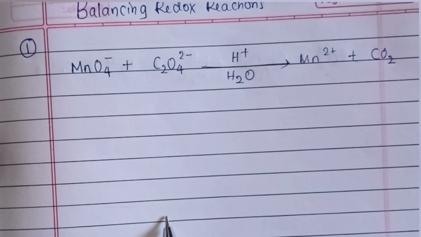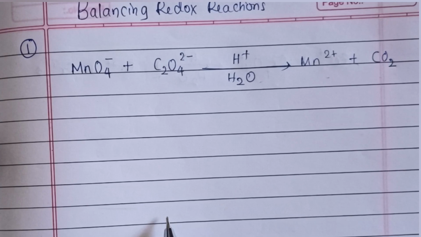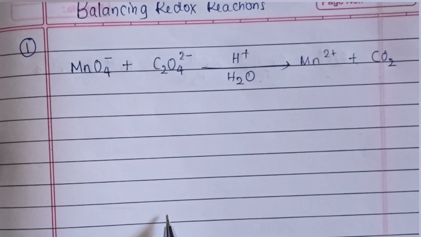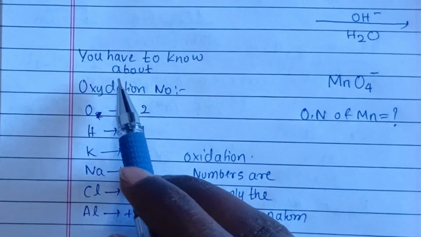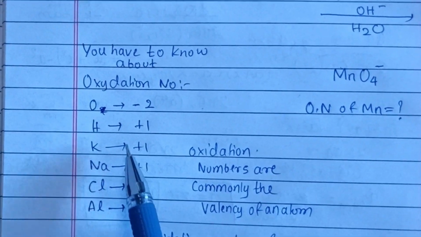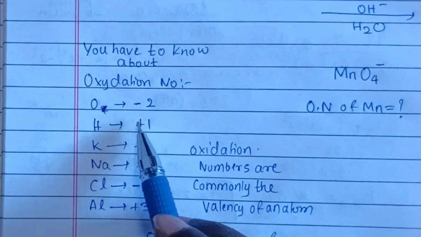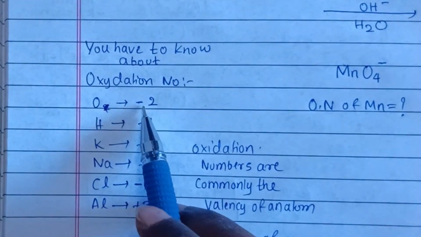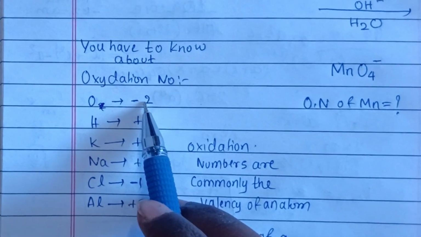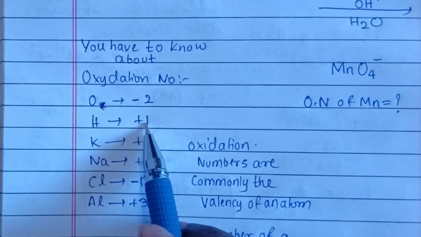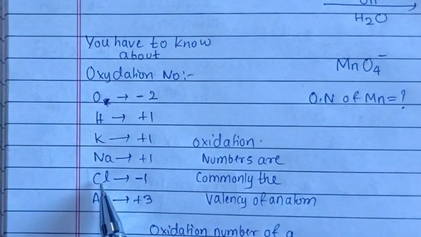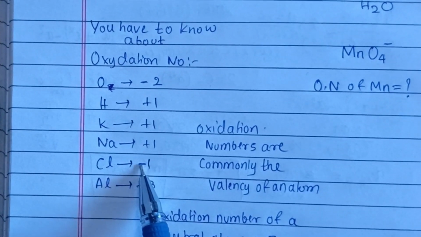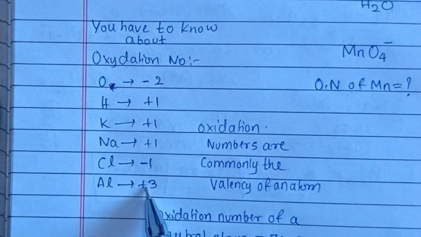For these redox reactions, you must know the oxidation numbers of elements. Some examples I have given here, so as you can see, these are the oxidation numbers you must know. For example, oxygen has -2 as its oxidation number, hydrogen has +1, potassium has +1, and sodium has +1. Chlorine has -1 and aluminium has +3.